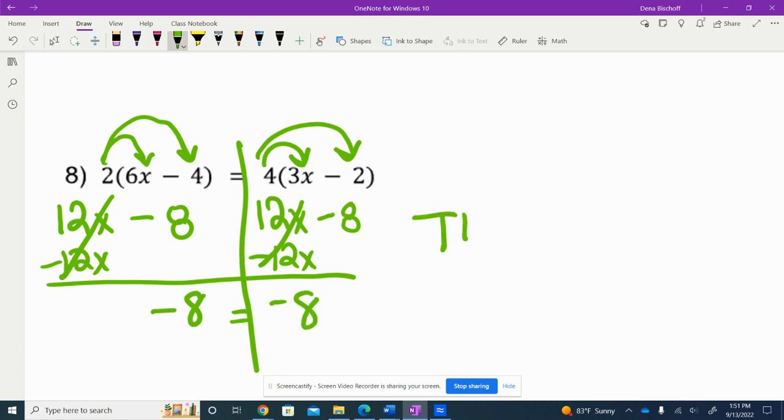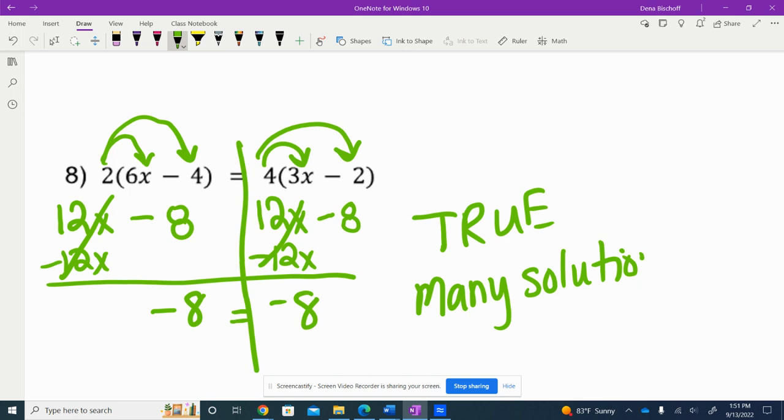Is that true? It is true. When we come up with a true statement, what does this mean? It means many solutions or infinitely many solutions. Yes. This has many solutions. Okay. I know that those are tough, guys.